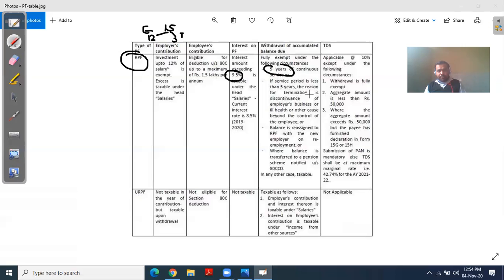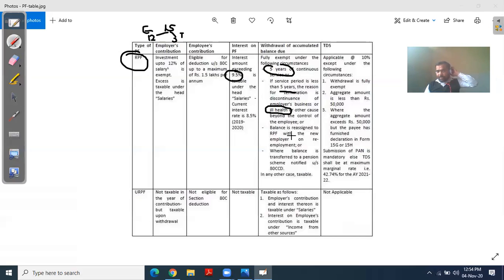Second, if the service period is less than 5 years, then the reason for termination is discontinuance of the employer's business or ill health. It means if you are leaving before 5 years, you need to give the reason of ill health.